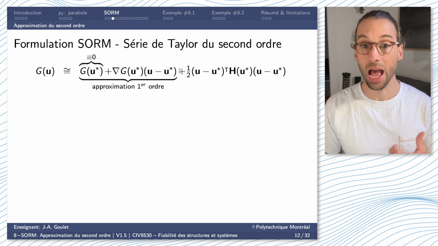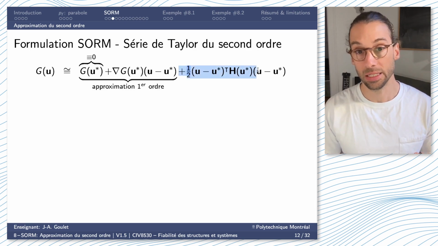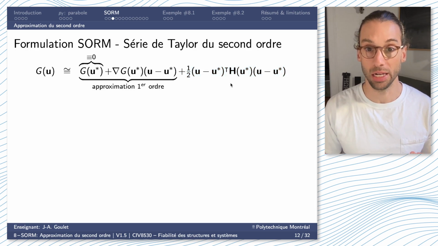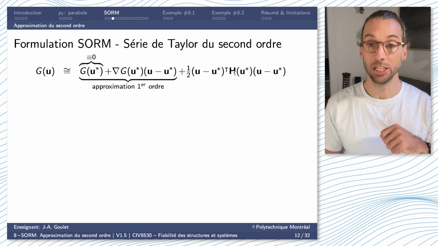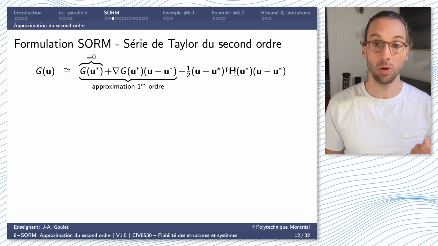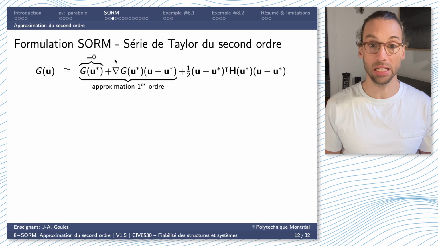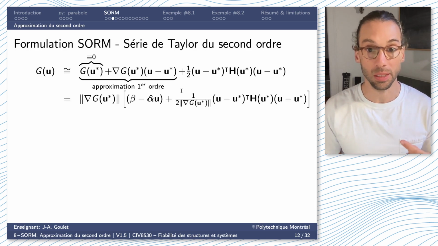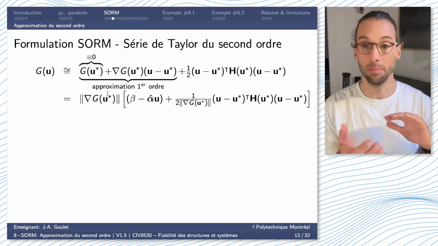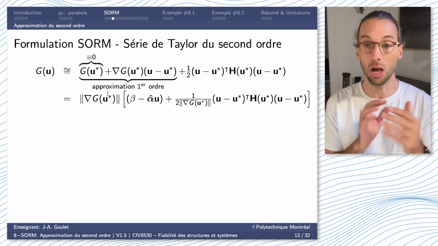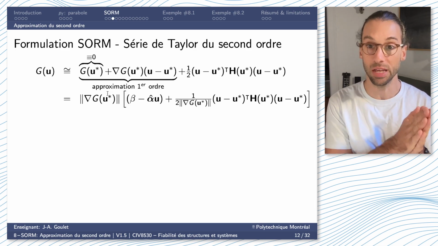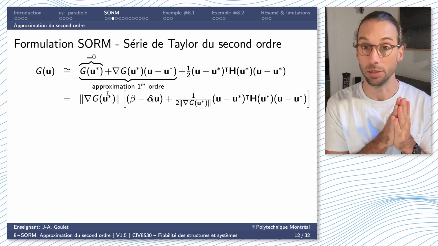And we now add, if we want to use SORM, these higher order terms. So in this case, the quadratic term where H of U star is going to be the Hessian evaluated at U star. The gradient is the first order derivative, the Hessian is the second order derivative. Then we make a reparameterization of our limit state function, as we just saw in module 7 when we were computing the sensitivity analysis.